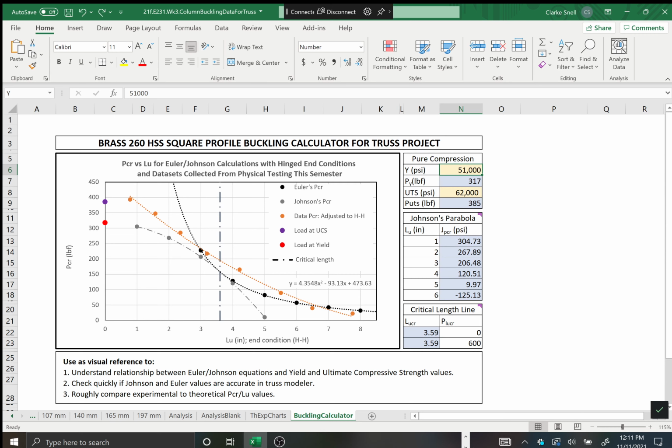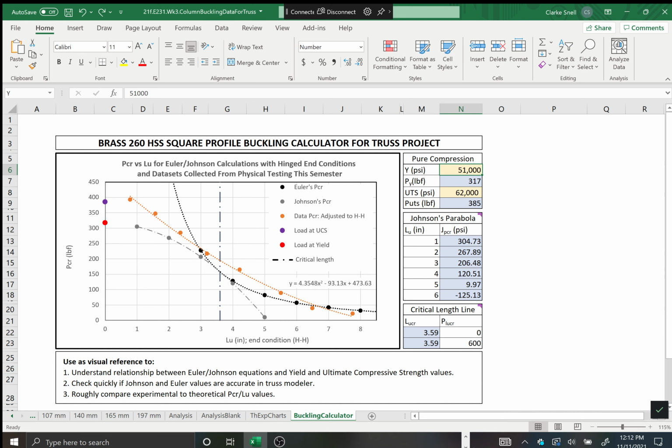Critical slenderness ratio. So think about it. The critical slenderness ratio is a slenderness ratio. So if we say slenderness ratio equals critical slenderness ratio, in the slenderness ratio, there's a length, K_e L_u. In the critical one, there isn't.